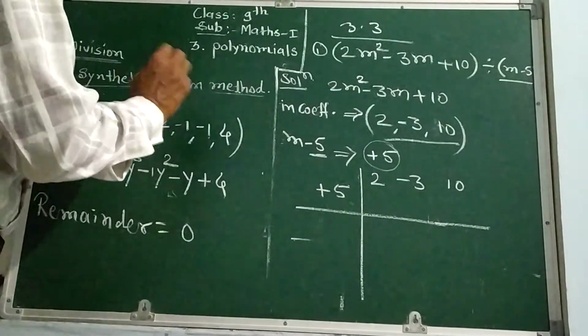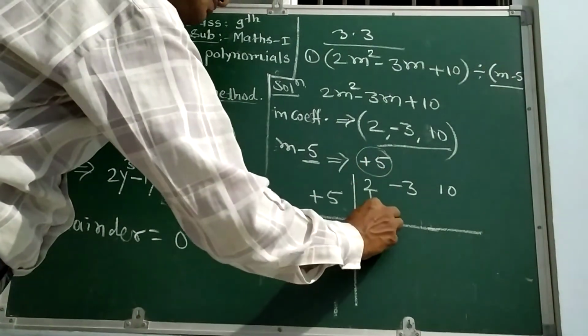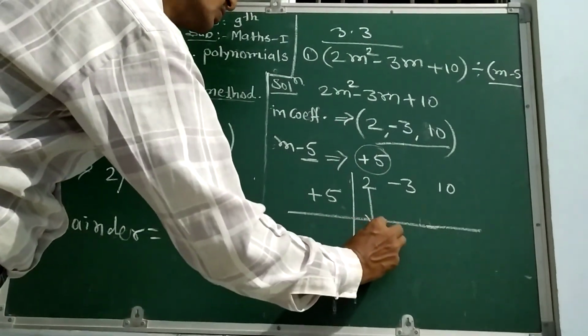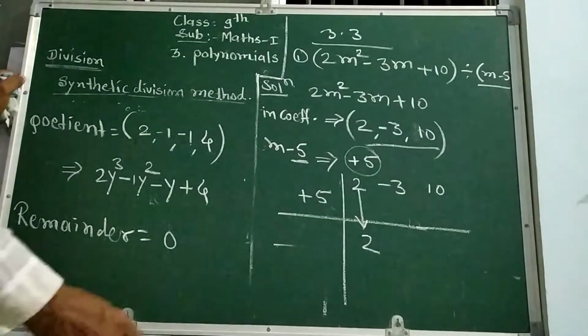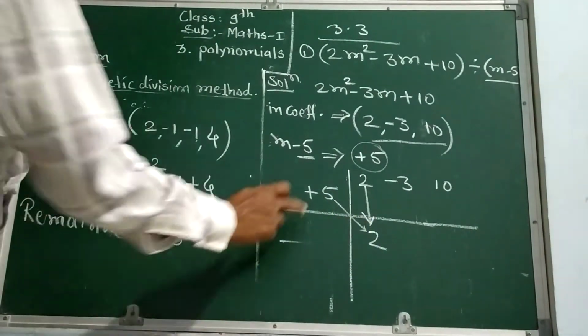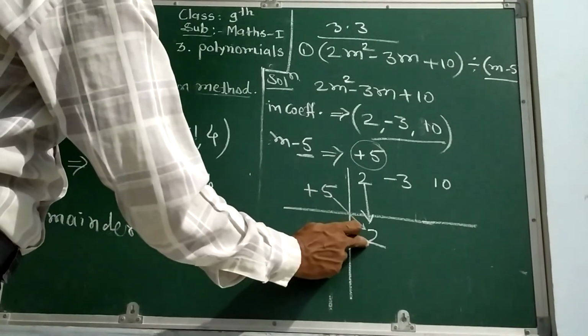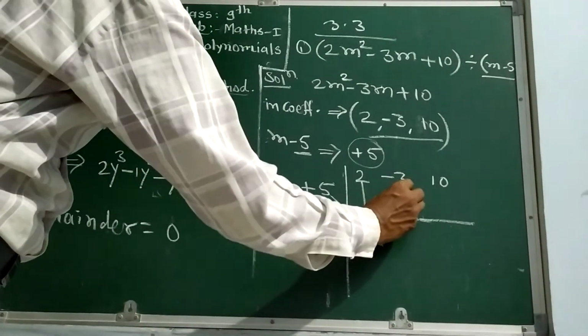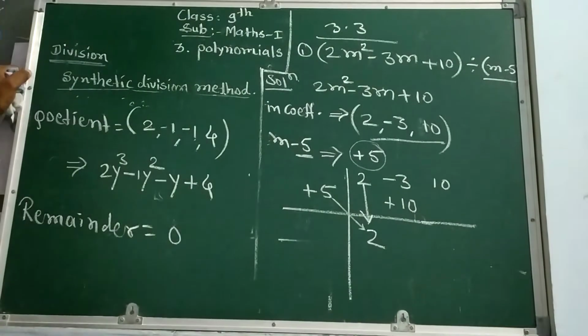Now in synthetic division you have to write this first term as it is, that is 2. Now multiplication of this 5 into 2, plus into plus, that is plus. So 5 into 2 is 10.